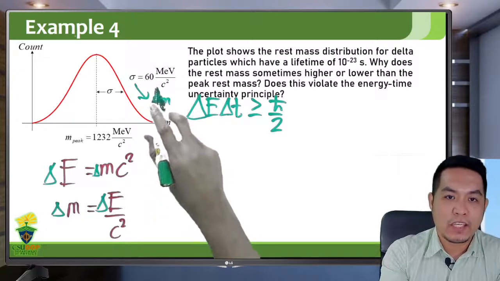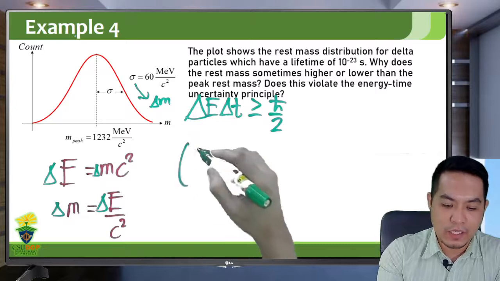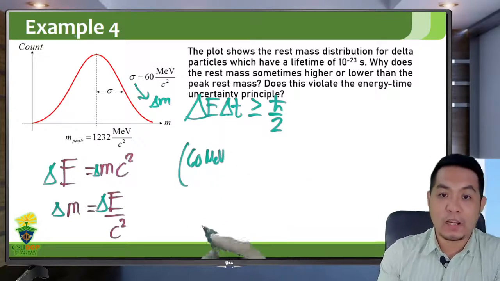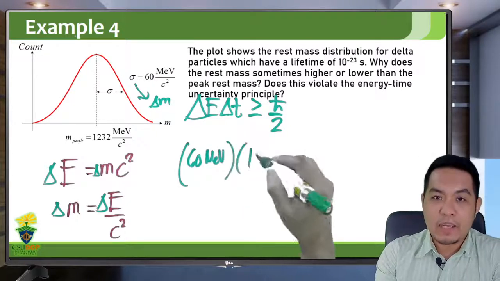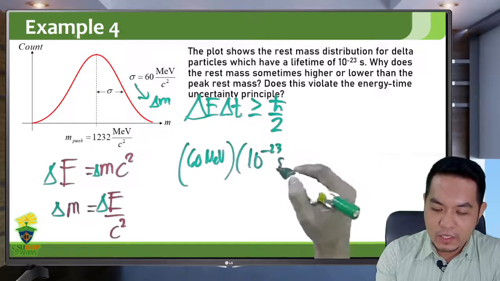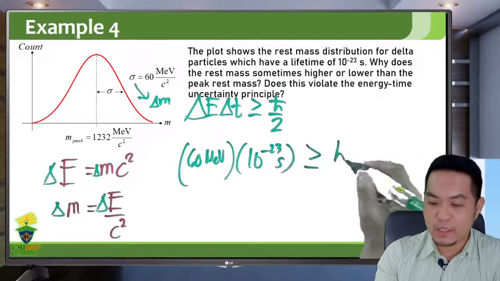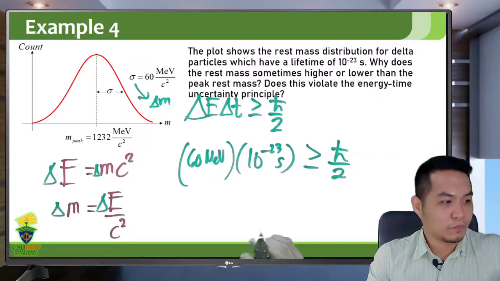So delta M is 60 mega electron volts per c squared, therefore delta E is just 60 mega electron volts. The time is 10 to the negative 23 seconds. And the question now is, is this greater than or equal to h bar over 2?